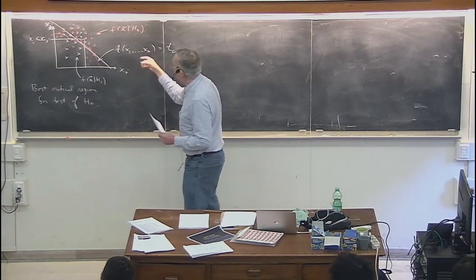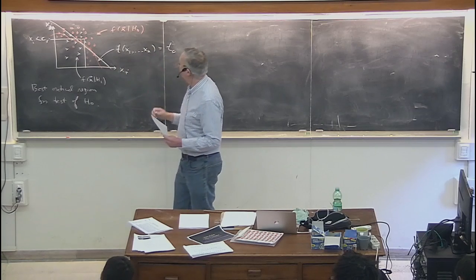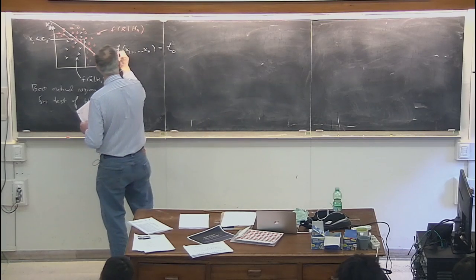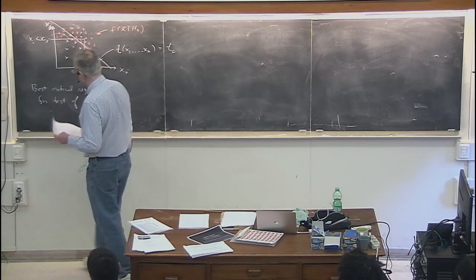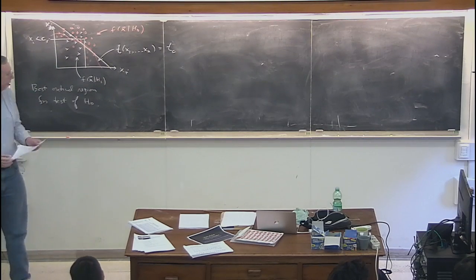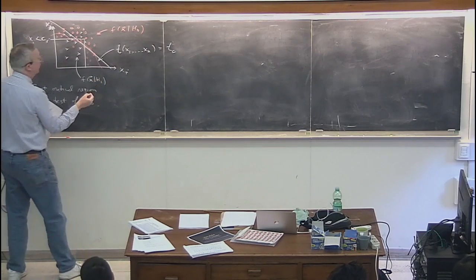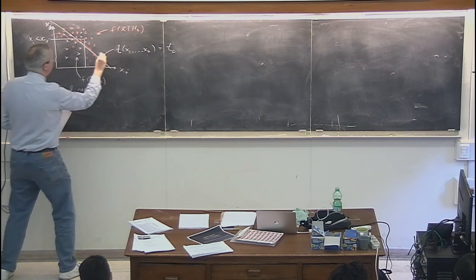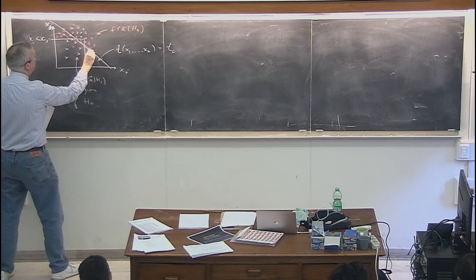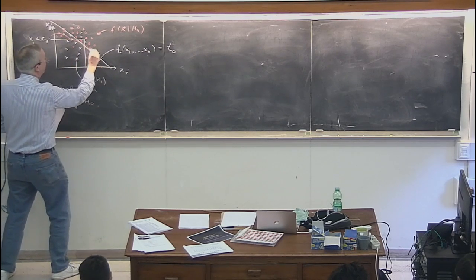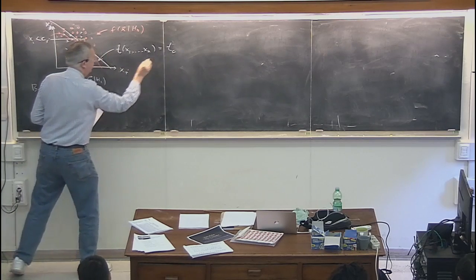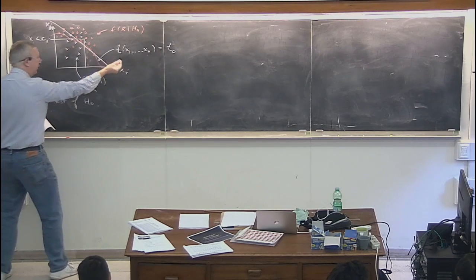So that is the equation of a surface in this n-dimensional space. And so all I have to do is to find the appropriate function that gives me the best surface. And then, if you look at a particular point in x space, that would give you a value of t, and that would correspond to being on one side of the surface if it's greater than t sub c, and on the other side of the surface if it's less.